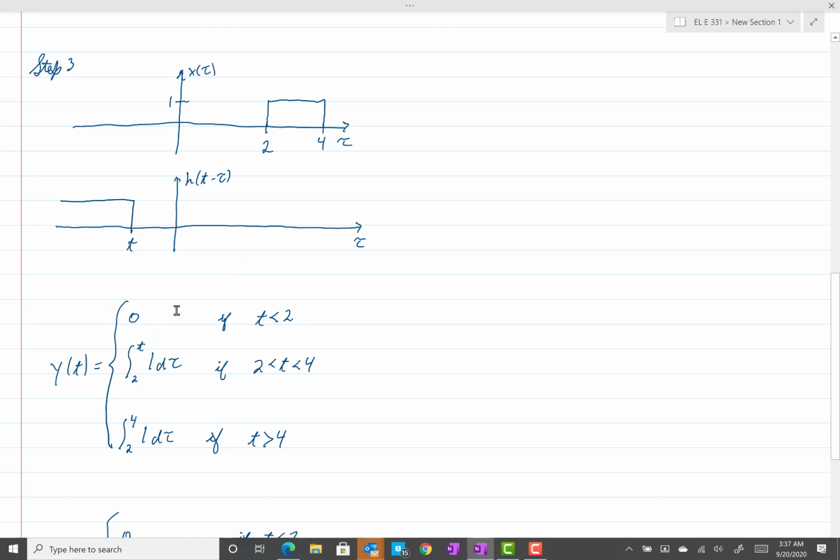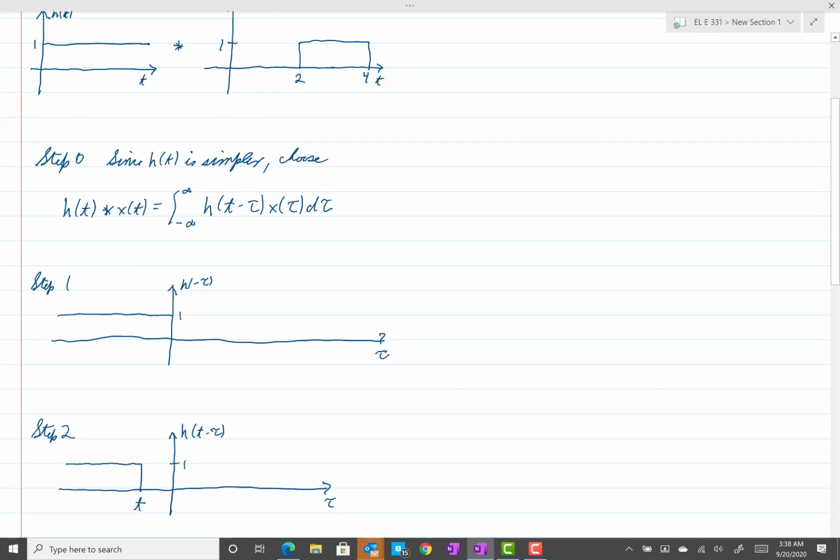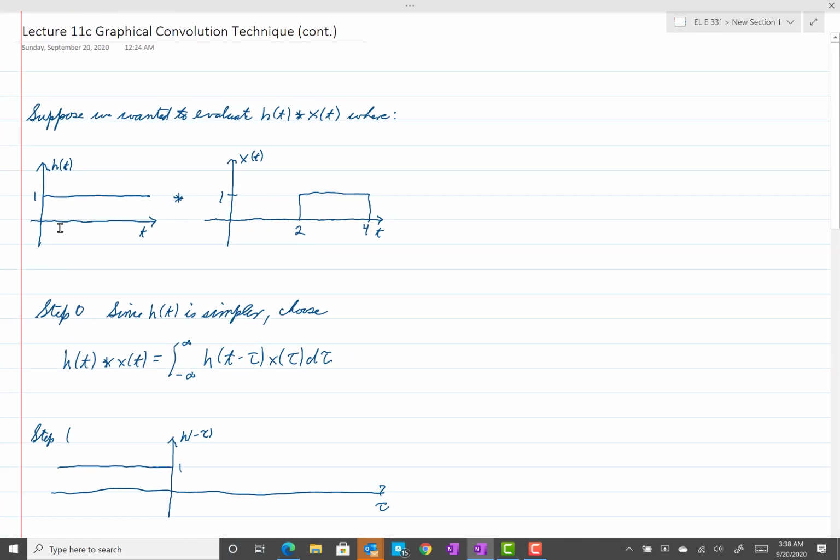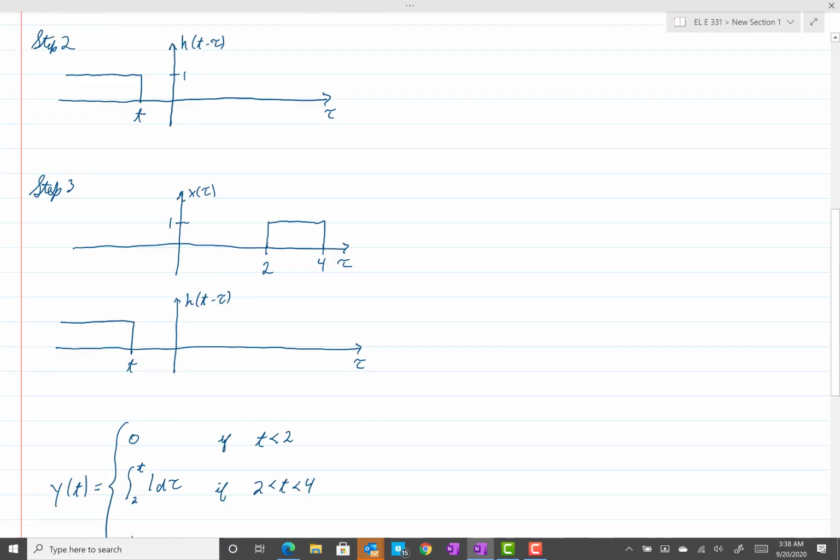So if t is less than 2, the convolution is just equal to 0. I'm calling the convolution y here, because that's usually what we call the convolution of h and x, so that's where that y is coming from.